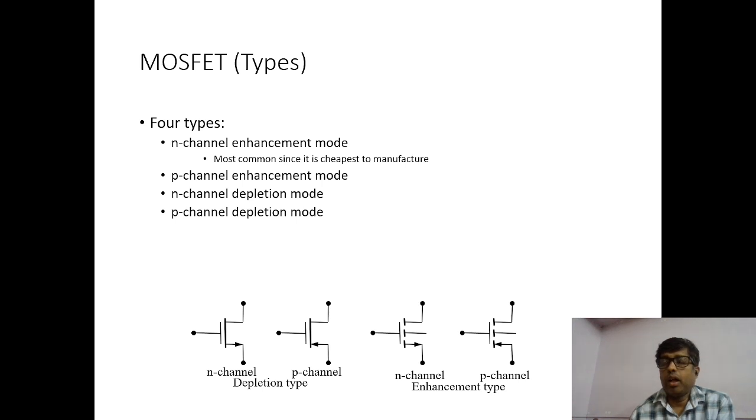There are two types of MOSFET that we will discuss here: enhancement MOSFET and depletion MOSFET. Enhancement type again has the N-channel enhancement type and P-channel enhancement type, and similarly the depletion type MOSFET has two types, N-channel depletion mode and P-channel depletion mode.